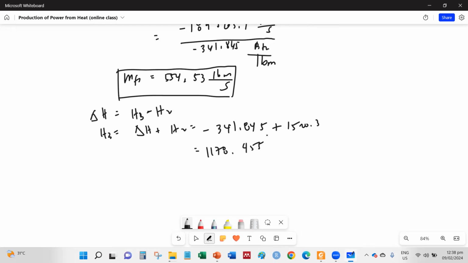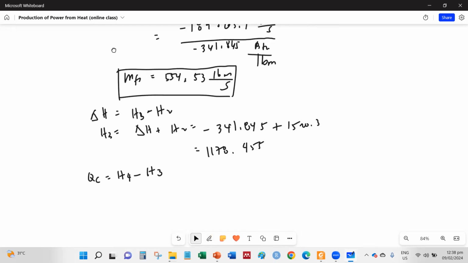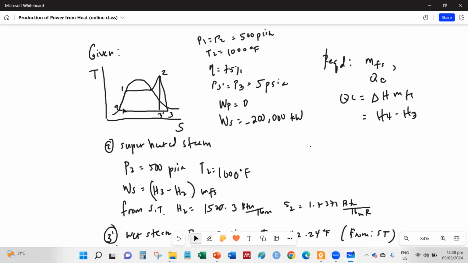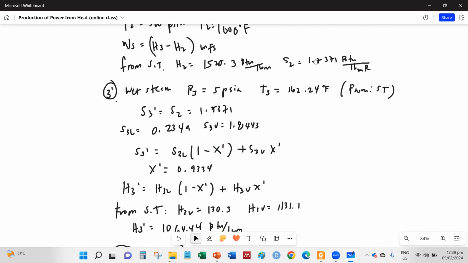Okay? So QC, or heat rejected from the condenser, is H4 minus H3. Okay, why? Why again? Balikan natin si TS diagram. Diba? This is the condenser right here. So, delta H of the condenser is equal to QC, and that's H4 minus H3.